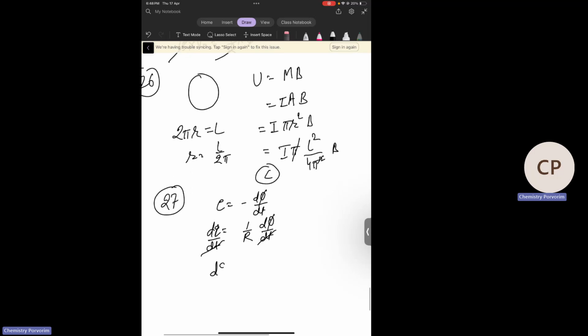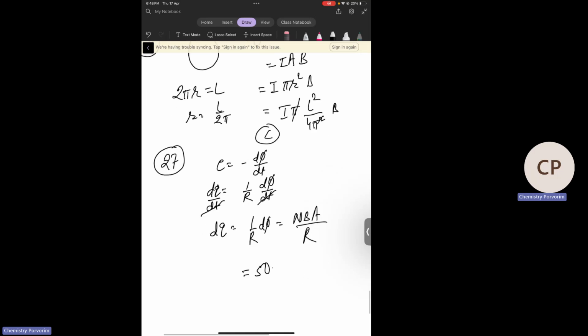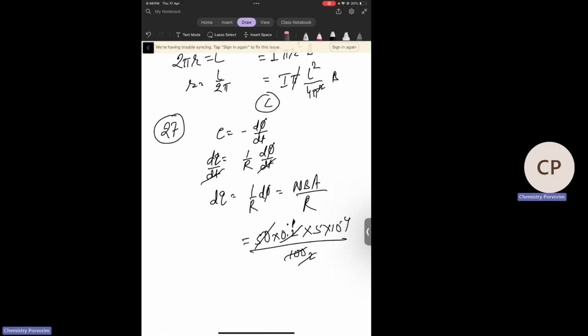So dq is 1 by r d phi, and d phi is NBA by r. N is 50, B is 0.2, area is 5 into 10 to the power minus 4 upon 100. 50 microcoulomb. Option C.